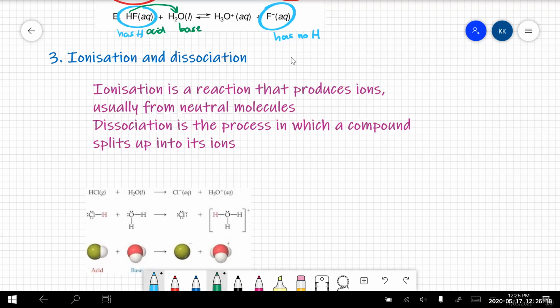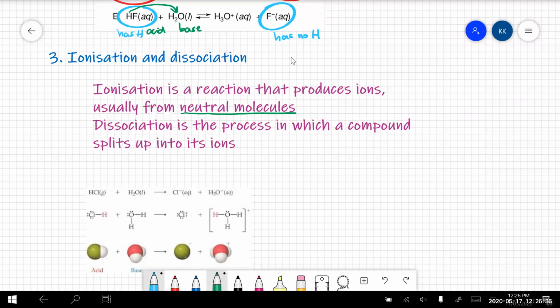Ionisation and dissociation are different. In ionisation, we produce ions from neutral molecules, but in dissociation, the ions are already there in a lattice and they have broken up into their separate ions. Let's have a look at a couple of examples.